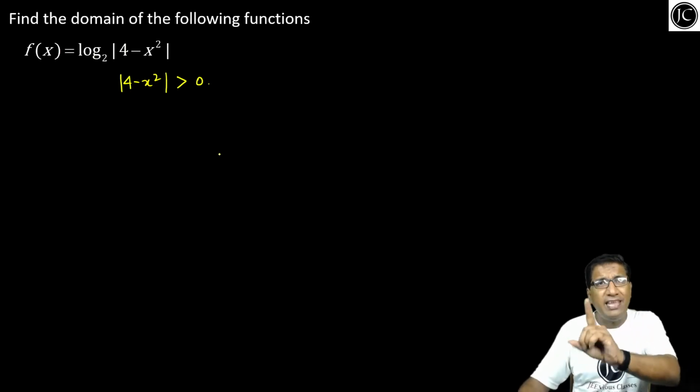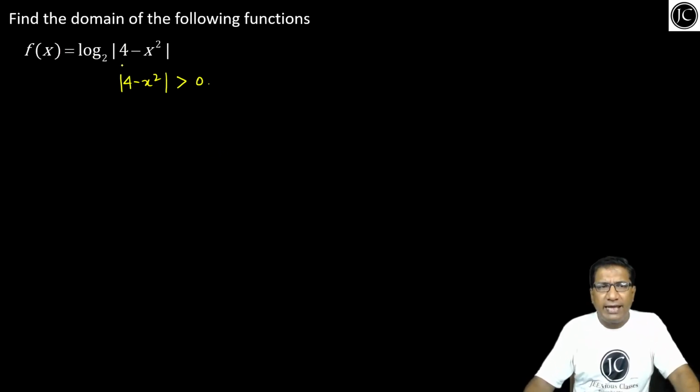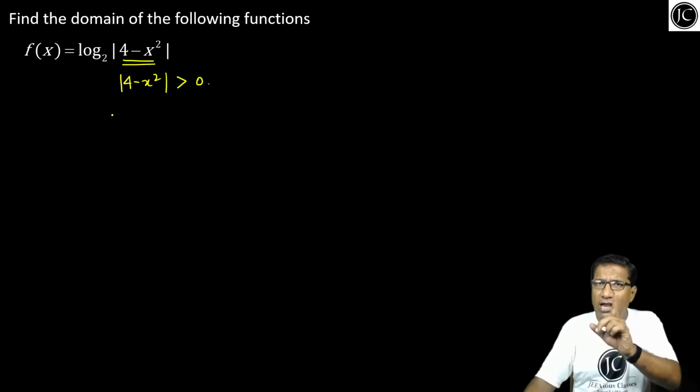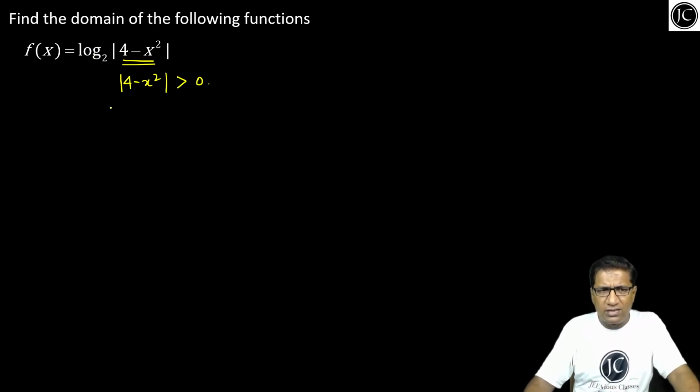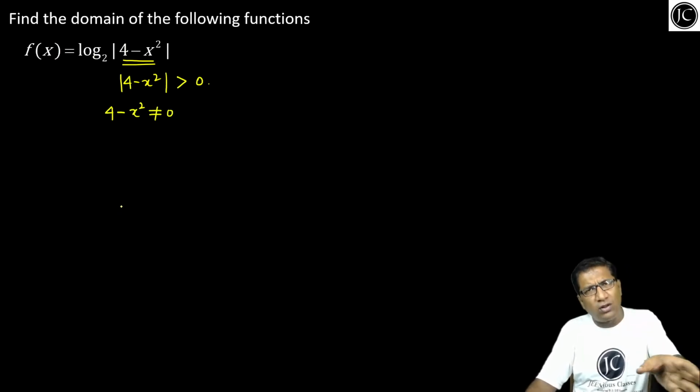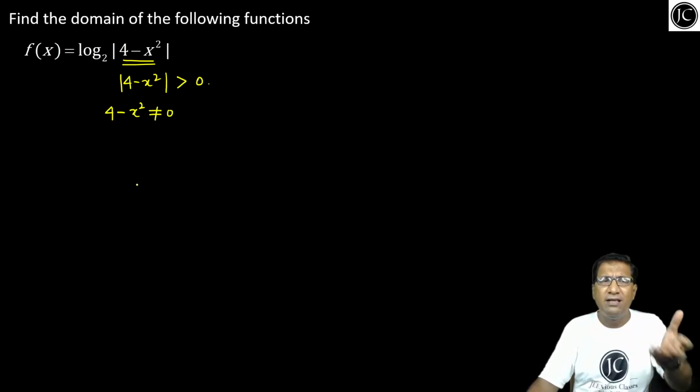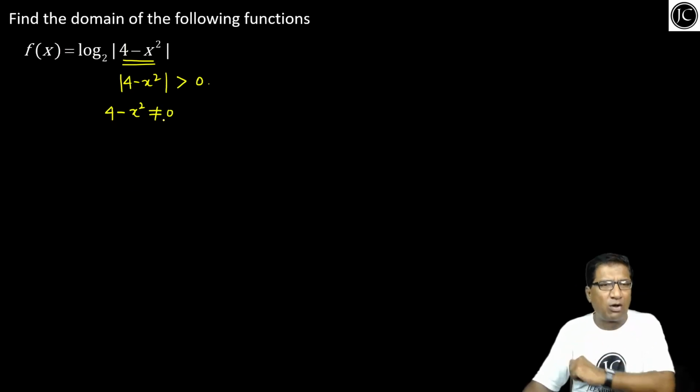So the only thing that we are concerned about कि बॉस इसके अंदर जो चीज है वो 0 नहीं होना चाहिए क्योंकि log 0 is undefined, right? So we are only concerned that 4 minus x square should not be equal to 0. बाकी इसको छोड़ के कुछ भी वैल्यू हो जाए doesn't matter because modulus is always positive.